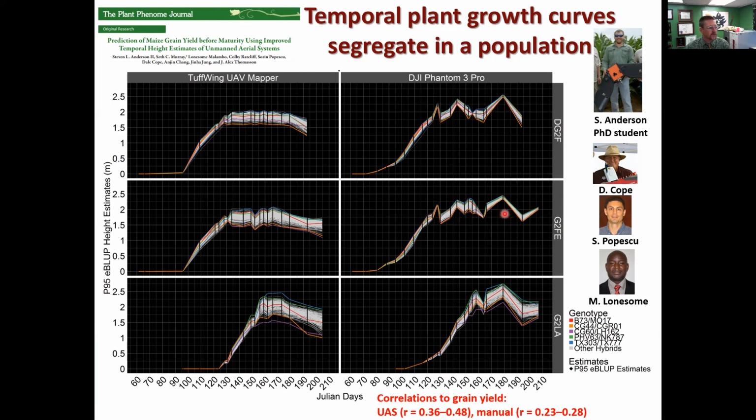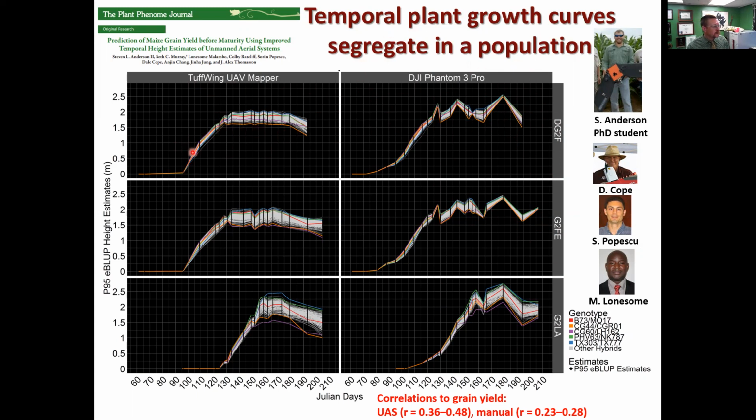A lot of that has to do with where the vehicle thought it was in space. And so you can see all the plots all of a sudden got taller, and then they got shorter, and then they got taller again, which is an artifact of this type of data analysis. Now, we haven't seen this in our Phantom 4 Pro, so it could have been an error for that year. This is still fairly experimental.